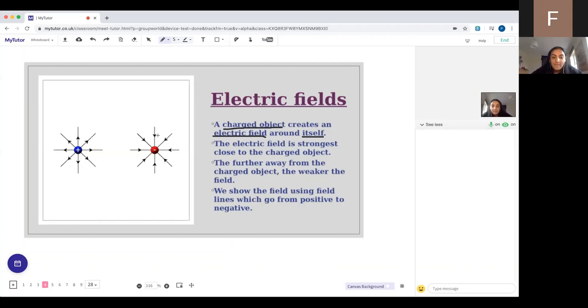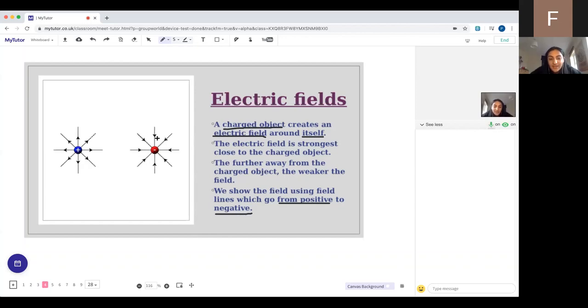The other important feature of electric field lines is the direction in which they go. Electric field lines always go from positive to negative. That's just the convention. If we have a positive charge, our electric field lines go away from positive.